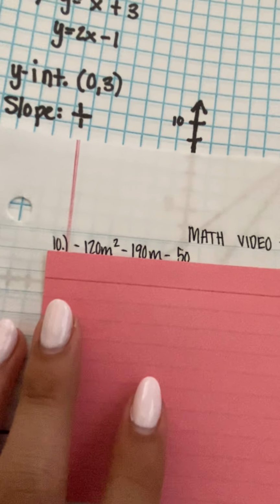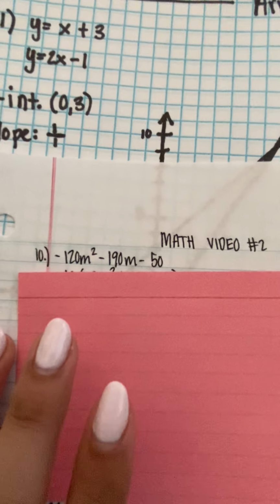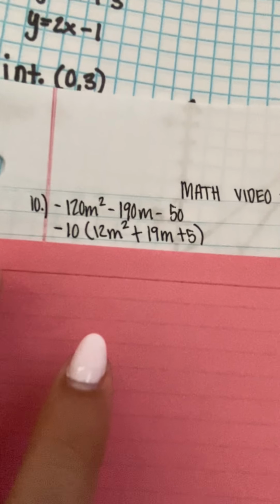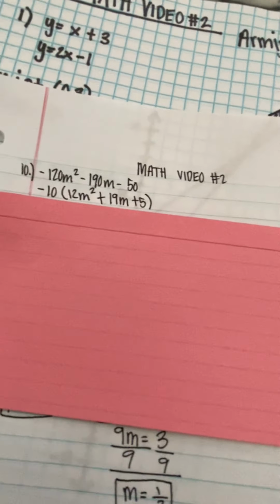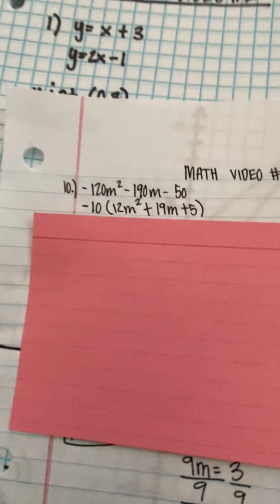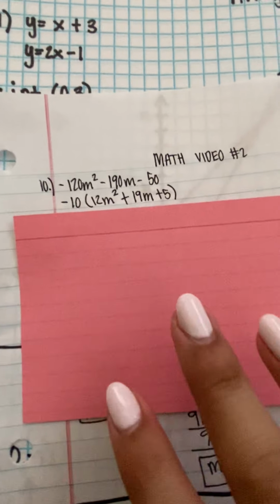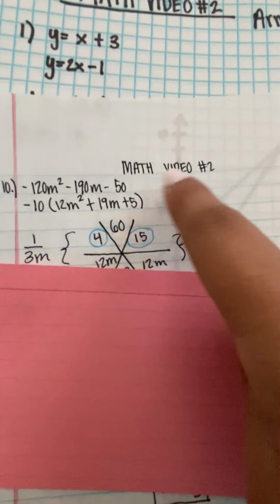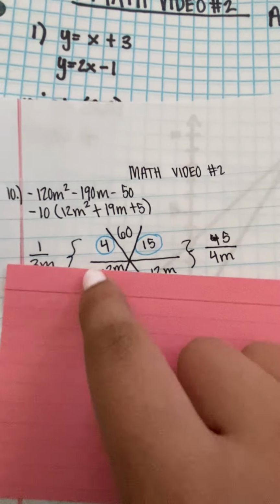We have negative 120m^2 minus 190m and then negative 50. So I took out a negative 10 and I put negative 10(12m^2 plus 19m plus 5), and then I use this little star method. So I just put in all my numbers and then I got the 4 and the 15.